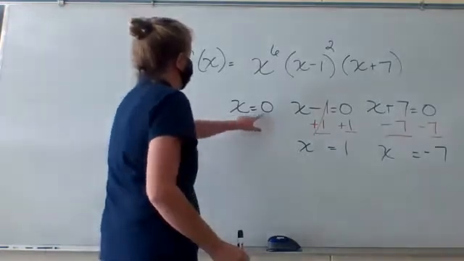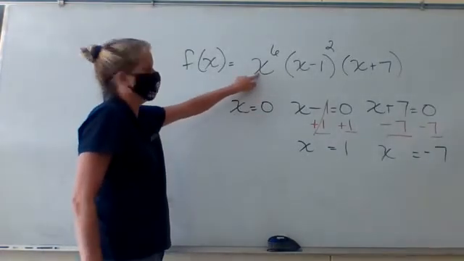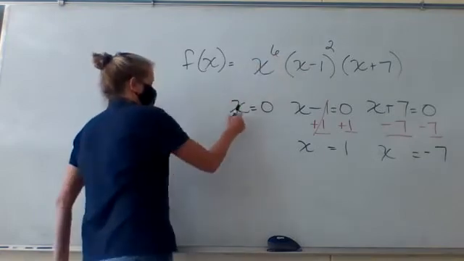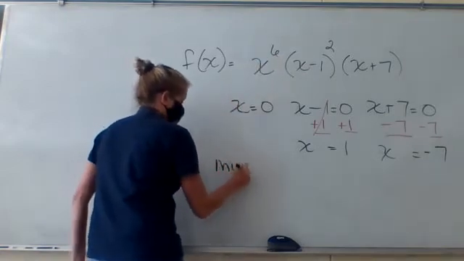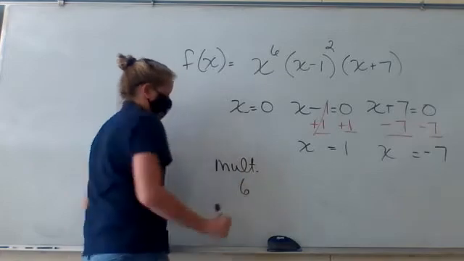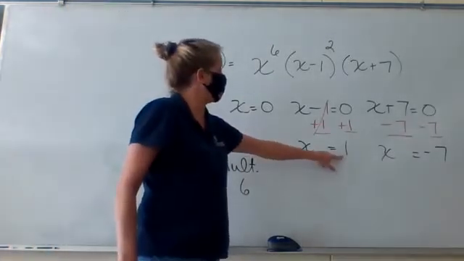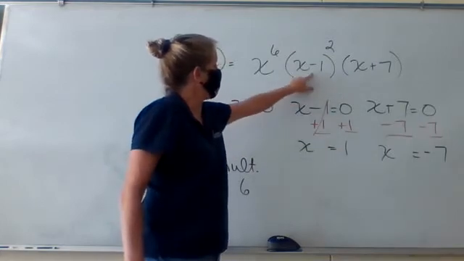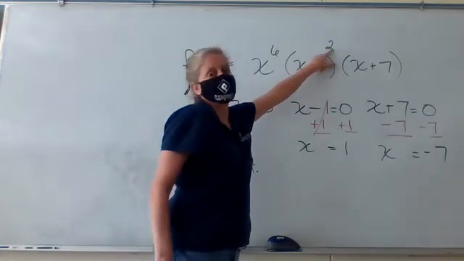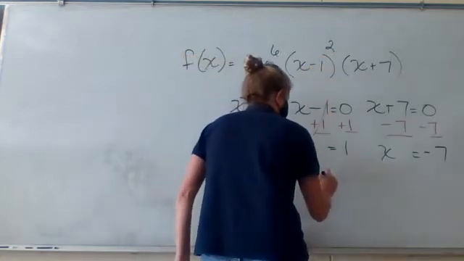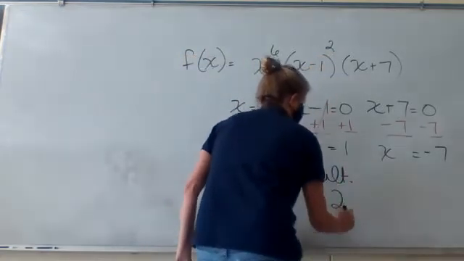Well, let's see. This 0 came from right here. What is its exponent? 6. So this one's multiplicity is 6. What factor did this 0 come from? It came from this factor right here. What is its exponent? 2, which means its multiplicity is 2.